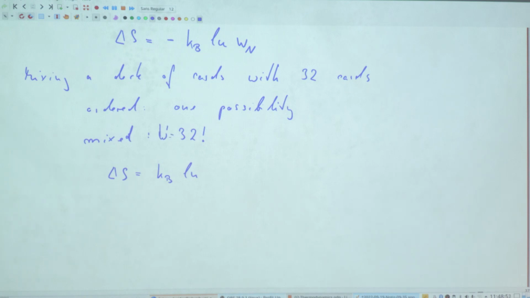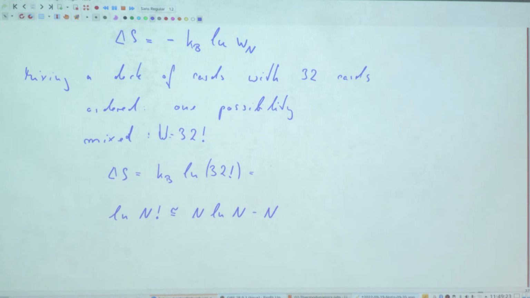Perhaps I should use an uppercase letter for the number of possibilities. Everybody knows this approximation formula. It's Stirling's formula: N ln N minus N.